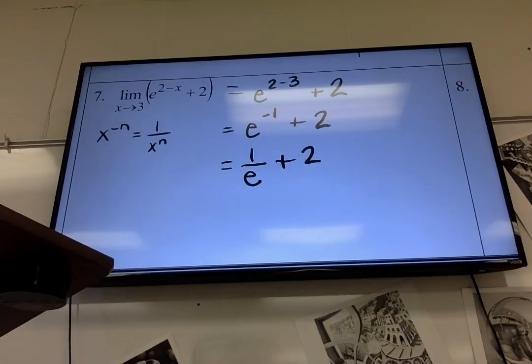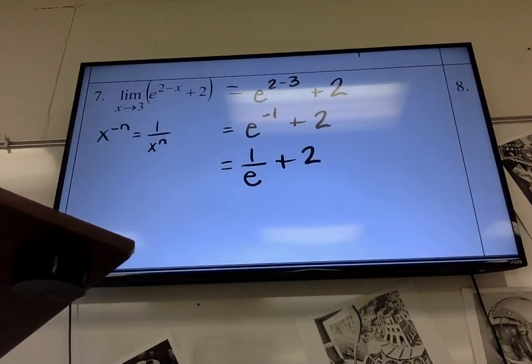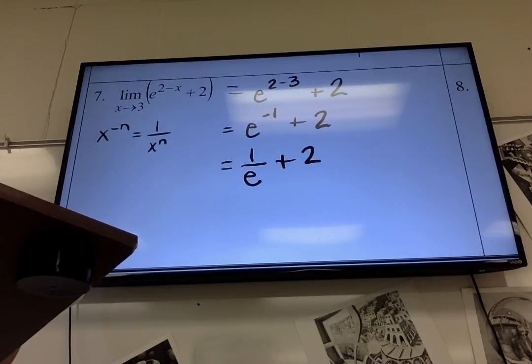So then plus 2. This answer is totally acceptable on a free response question. But chances are, if this was a multiple choice question, they wouldn't leave it like that. They would make it 1 fraction. So they would bow tie it. I was going to say, how are you supposed to fit 2 into e?